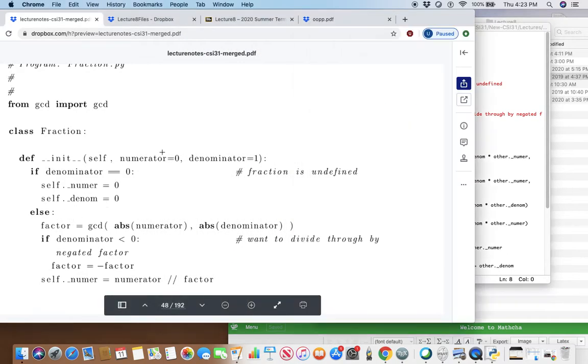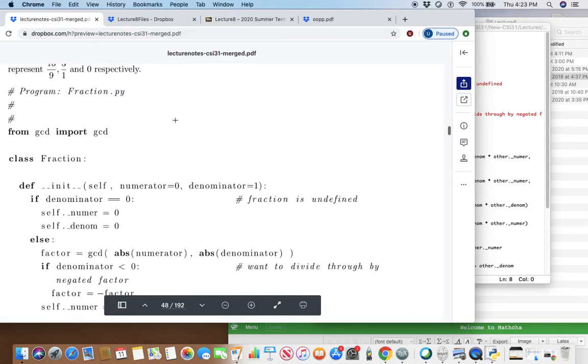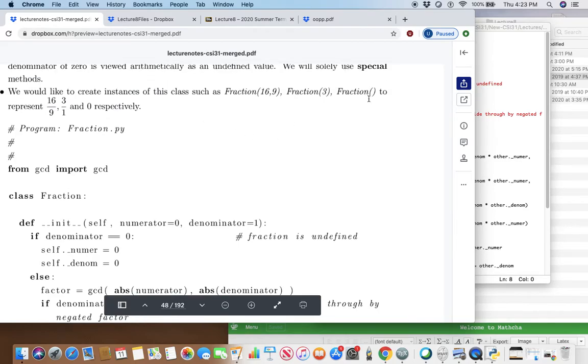Now what does this say? The instantiator has self, a numerator, and a denominator. These are the ingredients to make a fraction. By default, if you don't give a numerator or denominator, the default should be numerator 0, denominator 1.